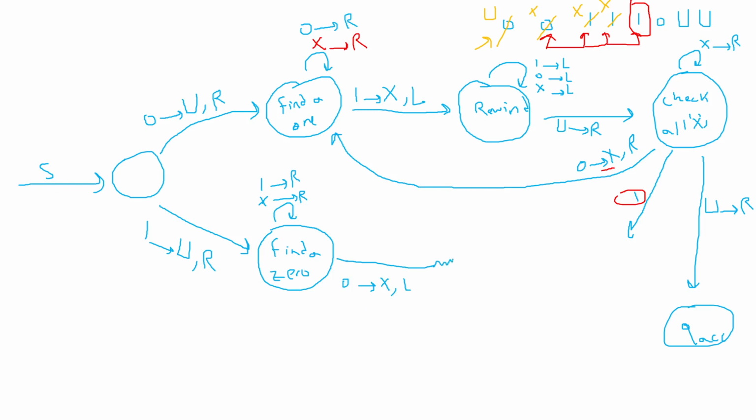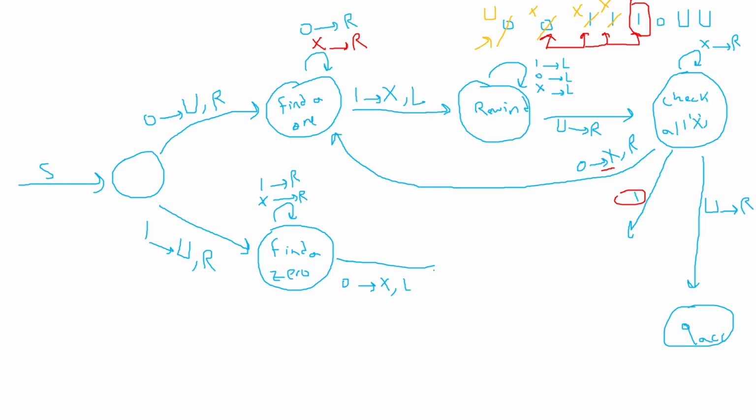Now here is the question: should I make a whole other rewind state, and I rewind, etc., then when I'm done, I go and check all X's? I could do that, like I could literally do the symmetry and it might work, or I could make use of what I have written so far.